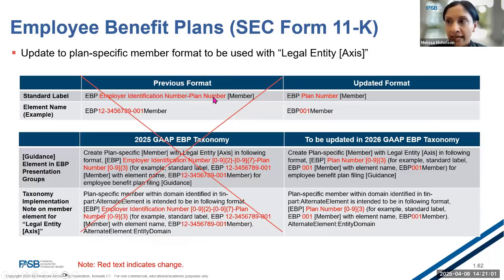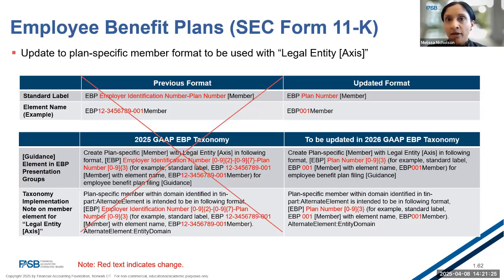We've previously communicated that the member format to be used with the legal entity access is EBP, employer identification dash plan number and member. And we also provided guidance elements in each EBP presentation group and the taxonomy implementation note with the previous format.